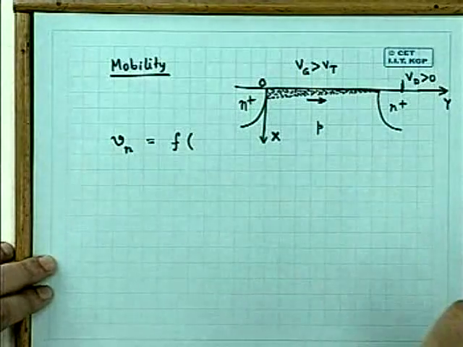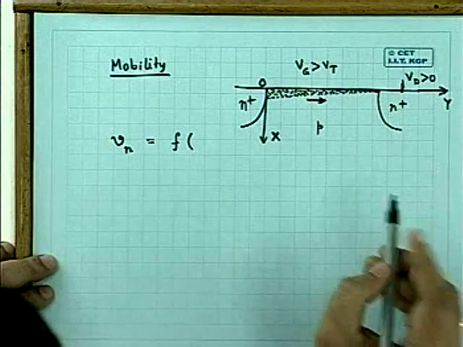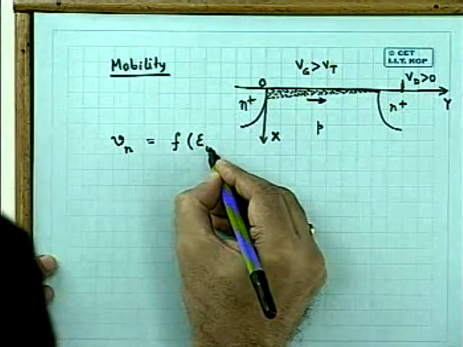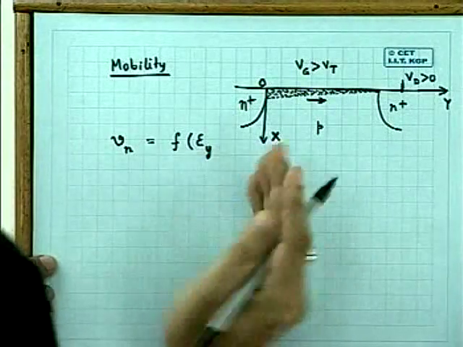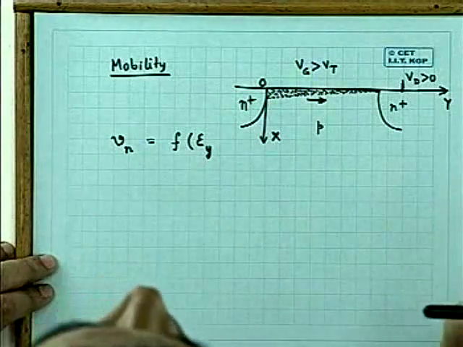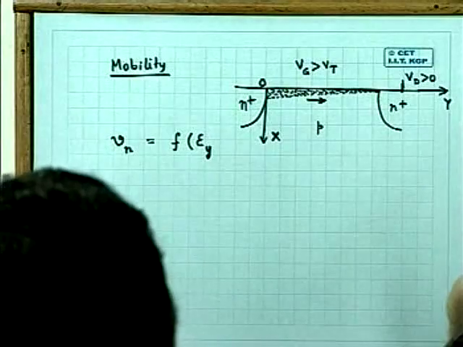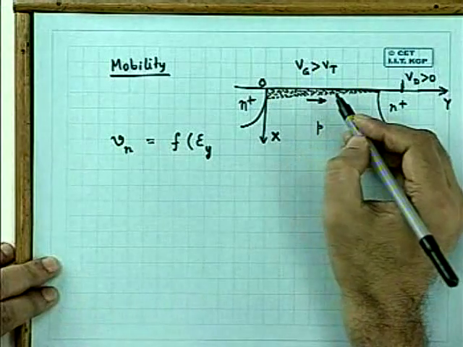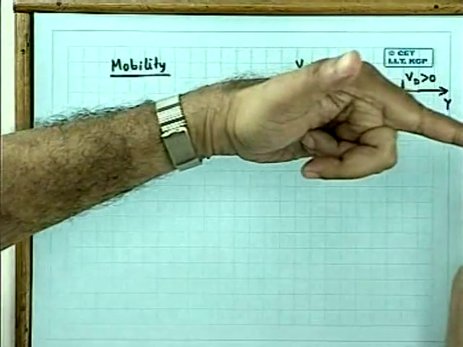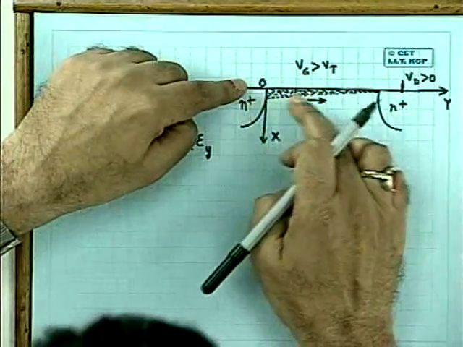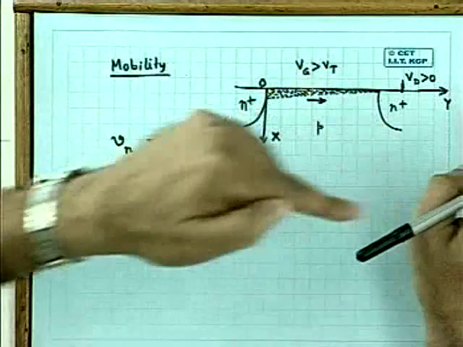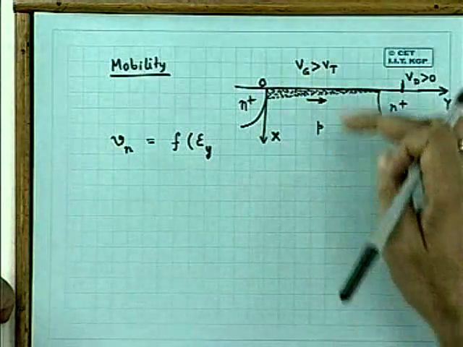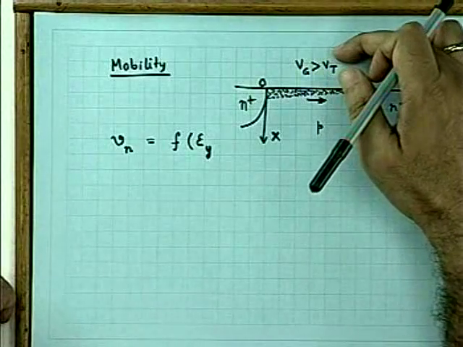So Vn is a function of the electric field along the y direction, the y component of the electric field. Should it also depend on the x component? Because now these electrons experience an electric field not only in the y direction because of the channel potential variation, the ohmic drop in the channel, but also a normal component of electric field induced by the gate voltage.